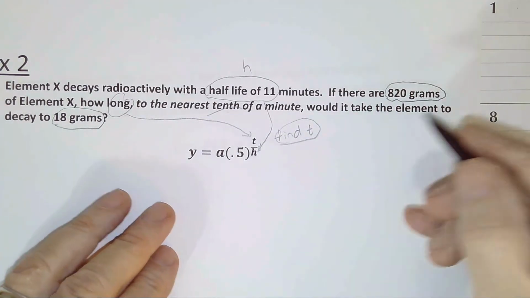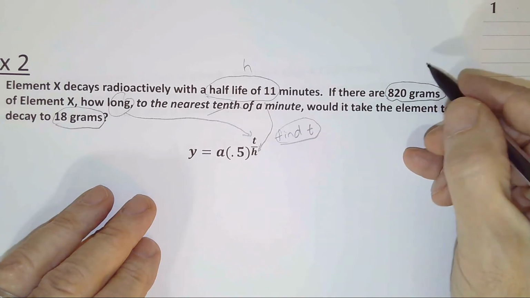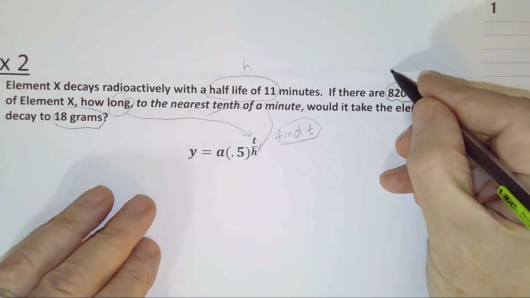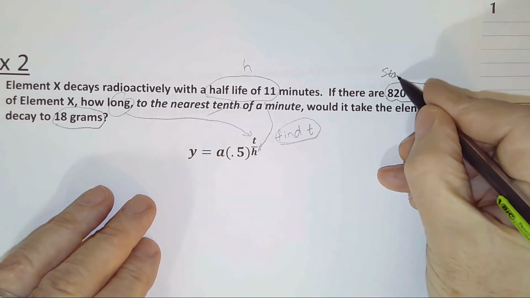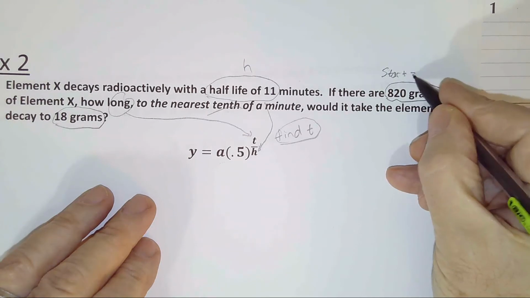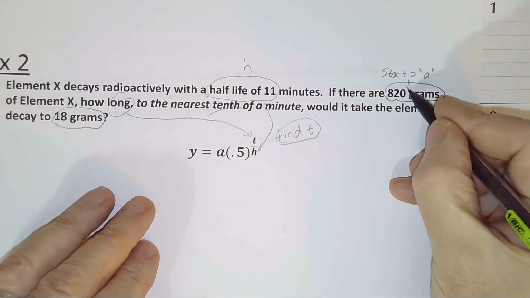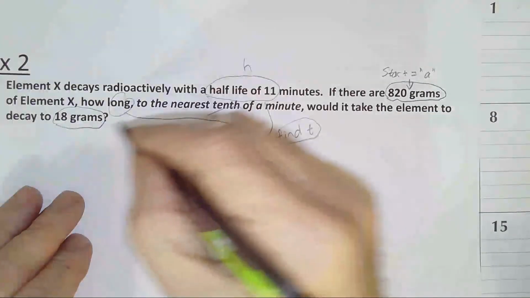And then 820 grams, that's going to be your original amount. That's your starting point, and you always use A. And then the 18 grams is going to be your result.